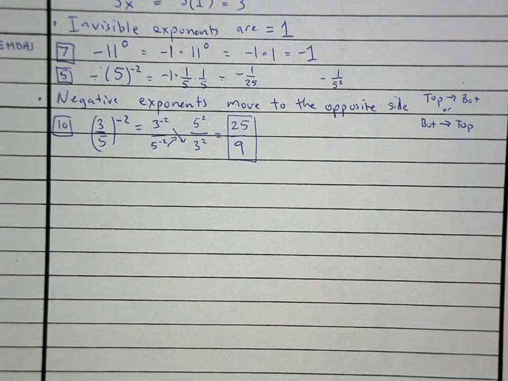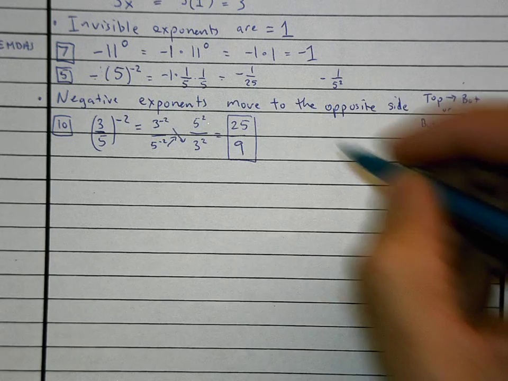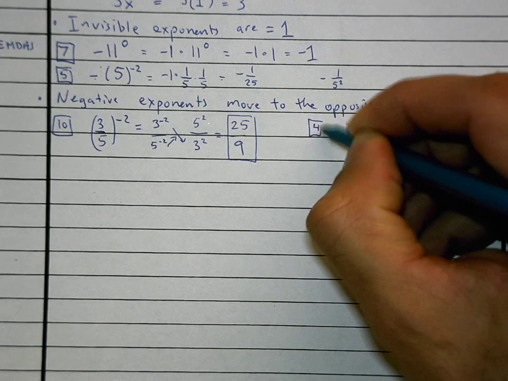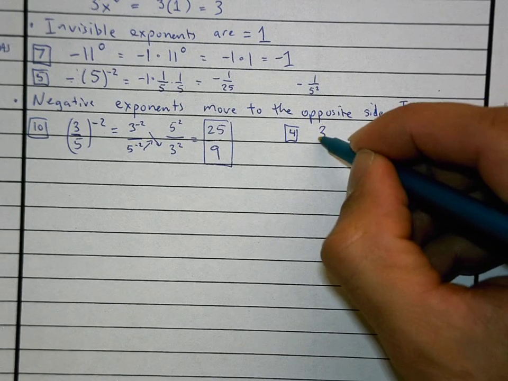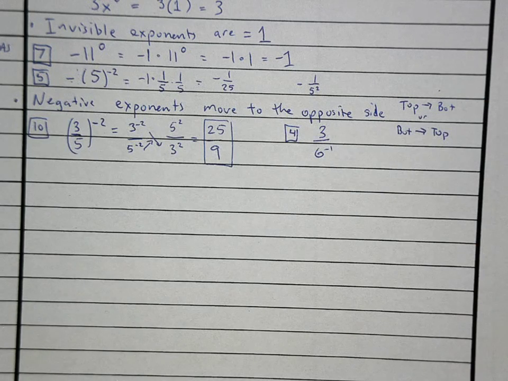Let's do another one. Let's go to number 4. So this should be easier because it's earlier in the worksheet. 3 over 6 to the negative 1. The directions will say simplify.